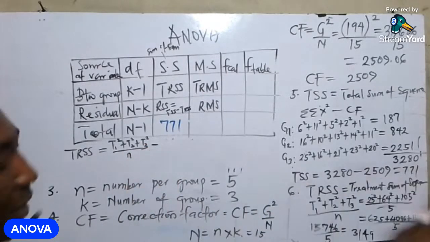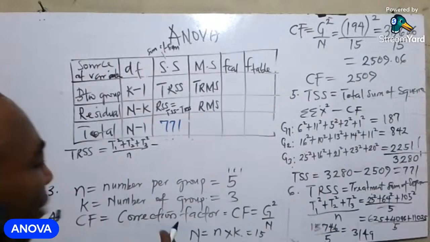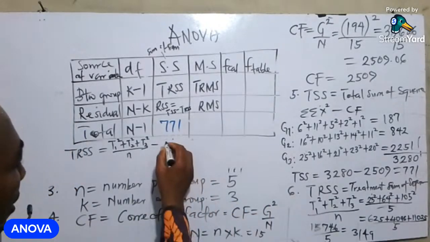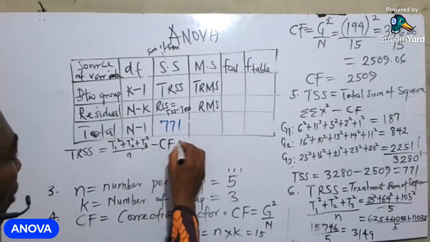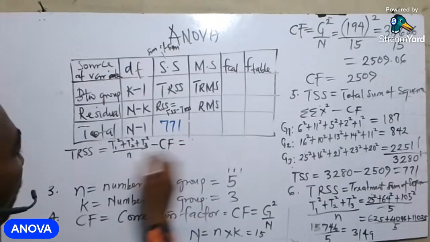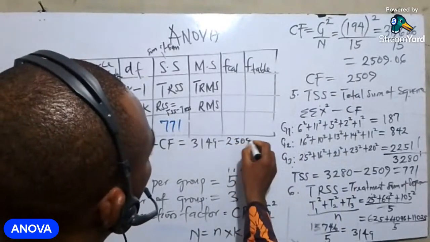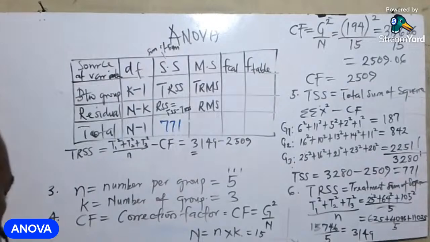Then I will take the correction factor away from this. So I've got this one, which is 3,149. The correction factor is 2,509. So let's take that away.